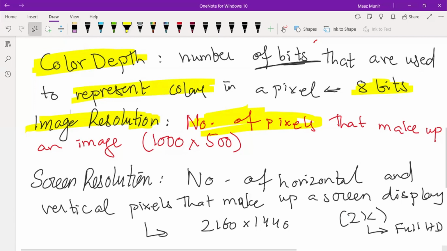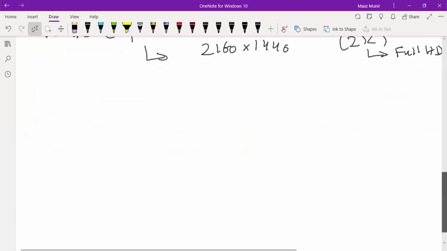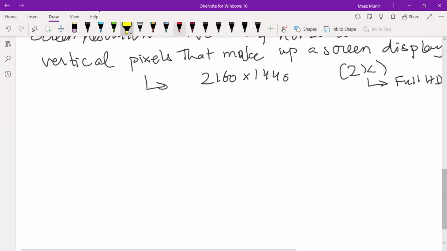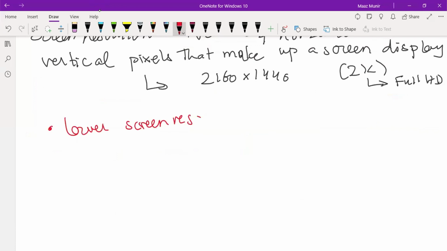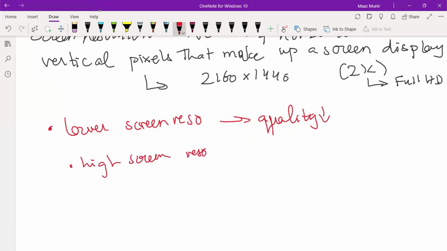Apart from that, this is something you would be aware of, but let me repeat it for you. A lower screen resolution means that the quality would drop, whereas a higher screen resolution would mean that the quality would improve.